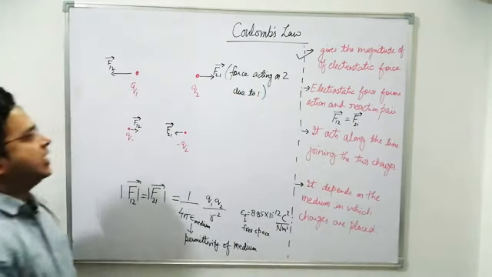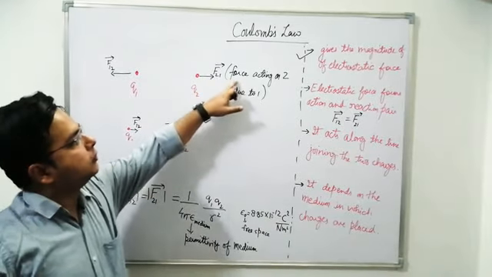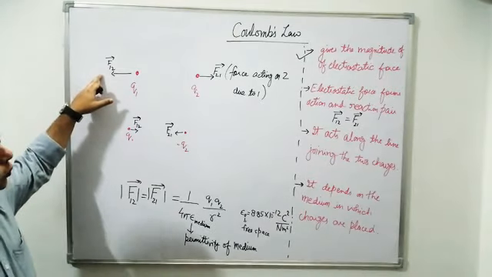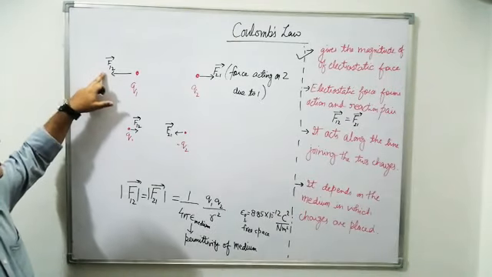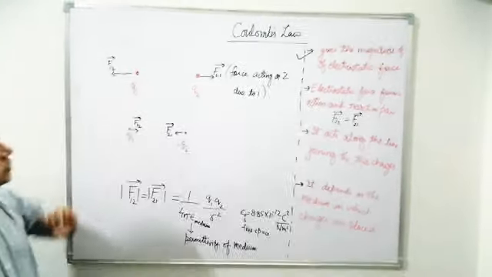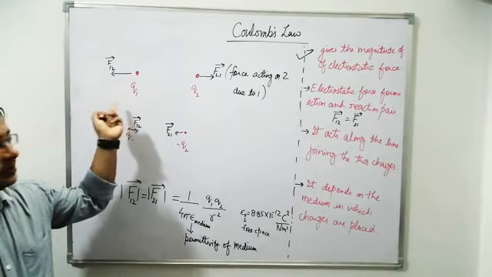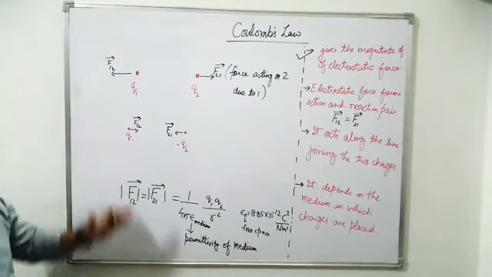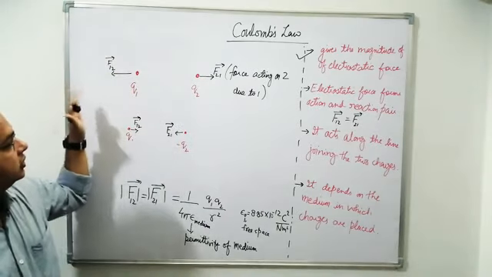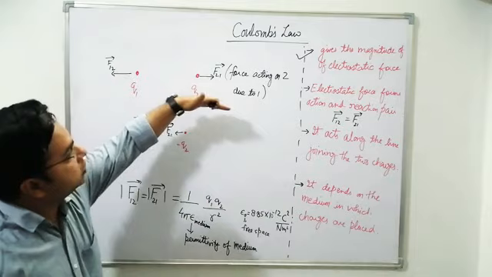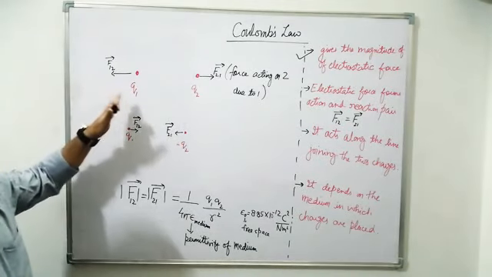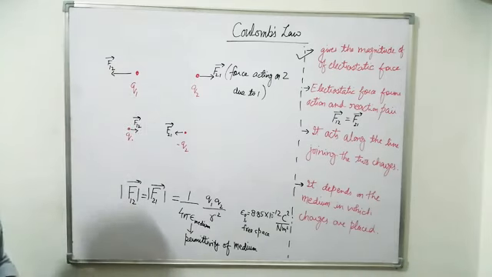So F21 stands for force acting on 2 due to 1, whereas F12 stands for force acting on 1 due to 2. Since the two charges are of the same nature, both positive in this case, the direction of the force is away from the charge: repulsion. Q1 is repelling Q2 away from itself, and in a similar way Q2 is repelling Q1 away from itself.